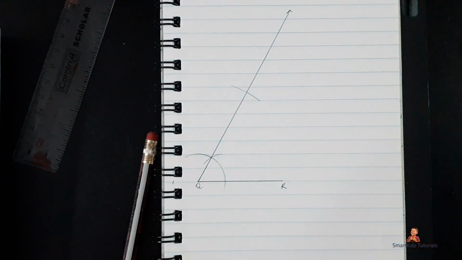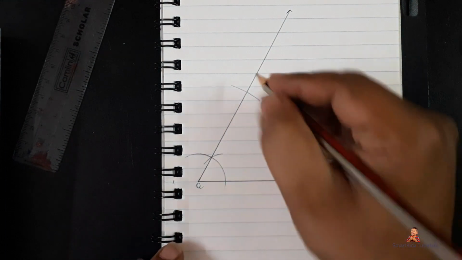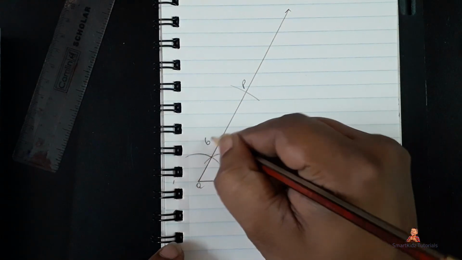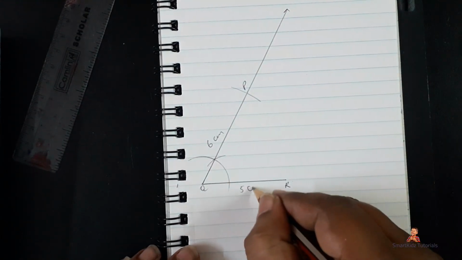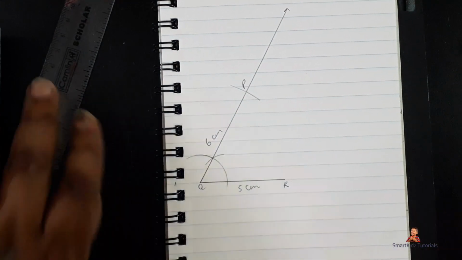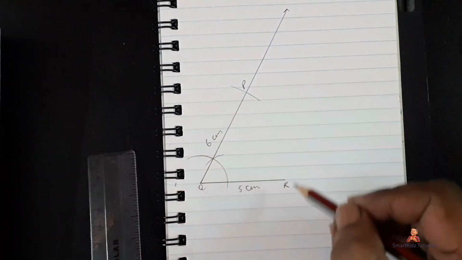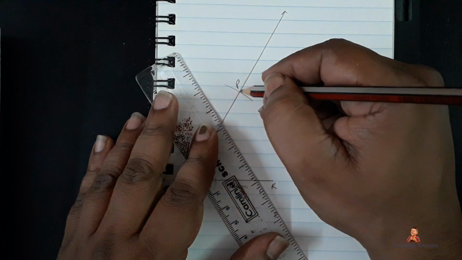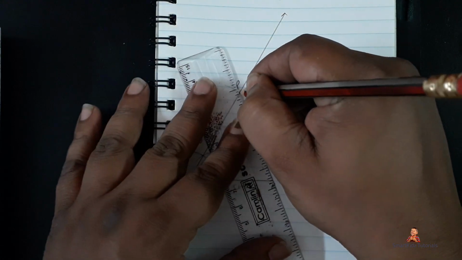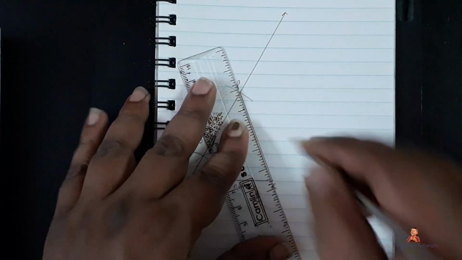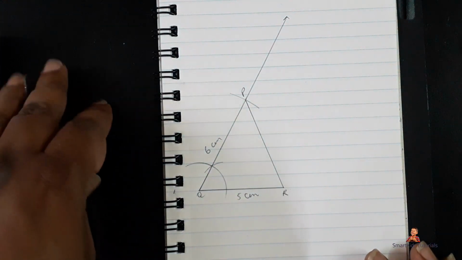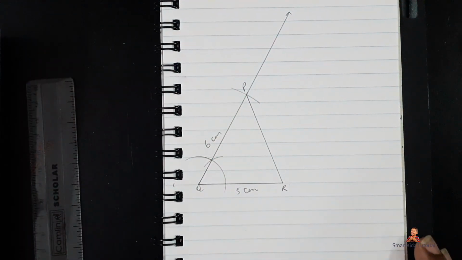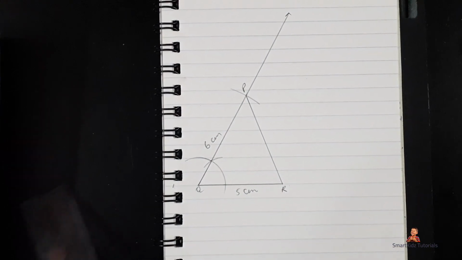So where this arc cuts this line, that will become 6 centimeters. So PQ is 6 centimeters. This is 5 centimeters. And then we need to just join P to R, and we complete triangle PQR this way. Okay, that's done.